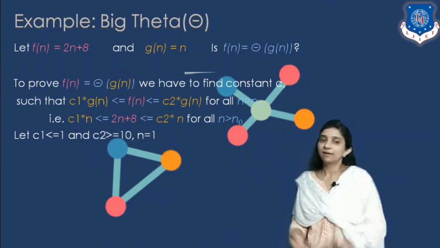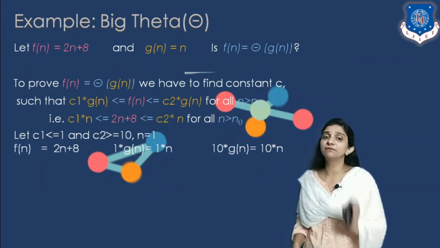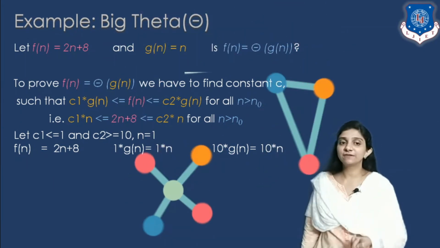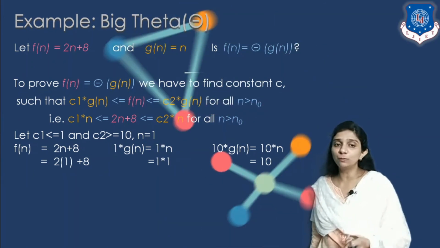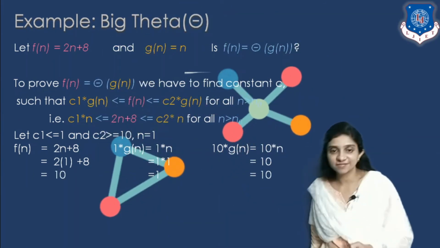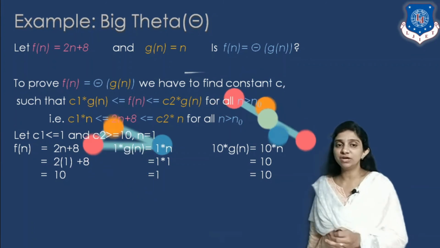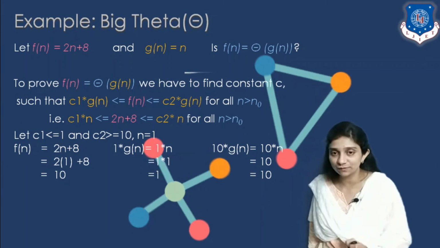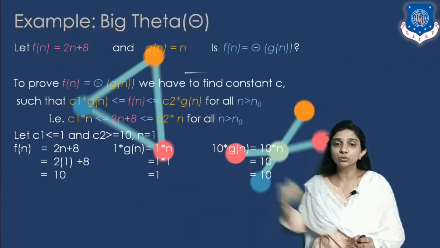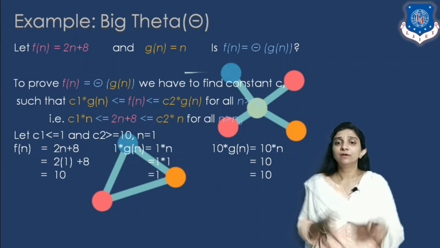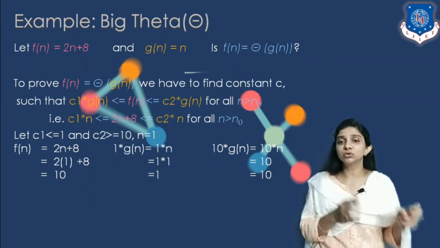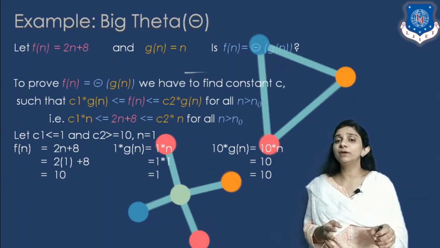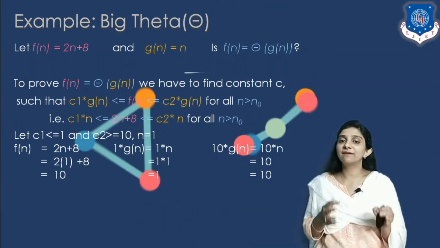Let us take 10 and test this condition for n equals 1. My f of n is 2n plus 8. If I substitute 1 there, it becomes 2 into 1 plus 8. So the answer is 10. While c1 into g of n, that is 1 into n, equals 1 into 1, the result is 1. While calculating c2 g of n, that is 10 into g of n, I can choose any value greater than or equal to 2, but to minimize the calculation I have chosen 10.